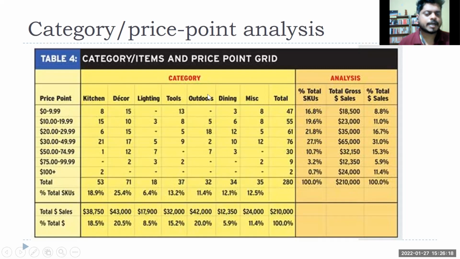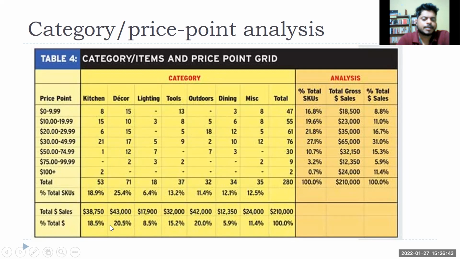This is a matrix which you will be able to create, which gives a detailed visualization. If I look just column-wise, the total kitchen sales in that particular week or month is $38,750, which is 18.5% of total sales. Now what information do I get from all these numbers?